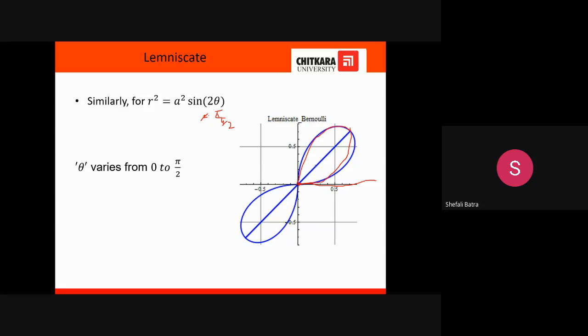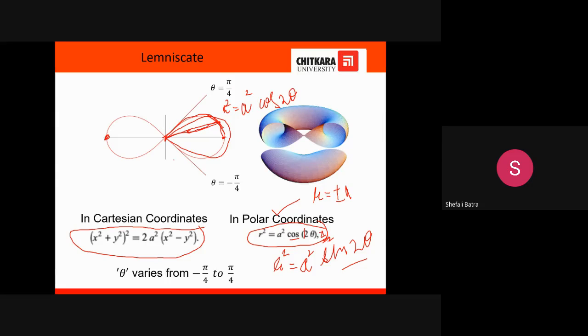Right? So you need to remember this line is what? Theta is equal to pi by 4. So this lemniscate is symmetrical about the line theta is equal to pi by 4, and this is symmetrical about the line theta is equal to 0. Right?